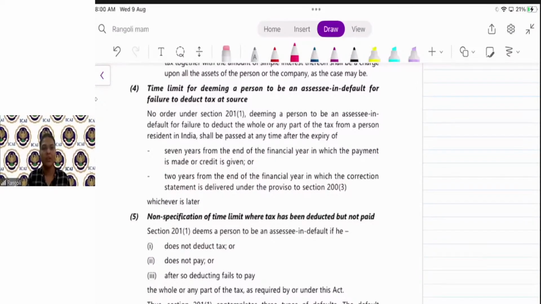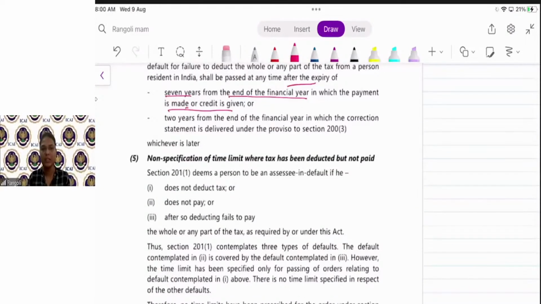The department will not issue an order after expiry of 7 years from the end of the financial year in which payment is made or credit is given, or 2 years from the end of the financial year in which the correction statement is filed, whichever is later.